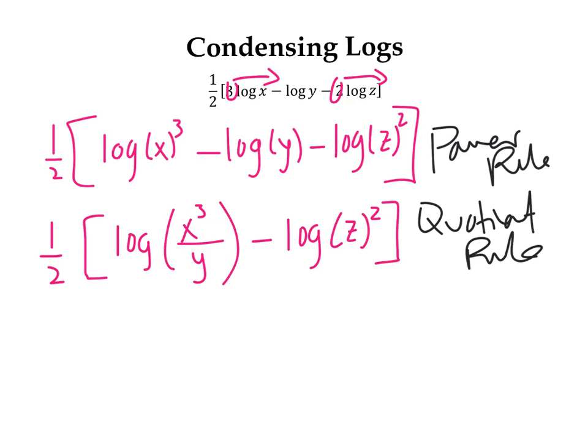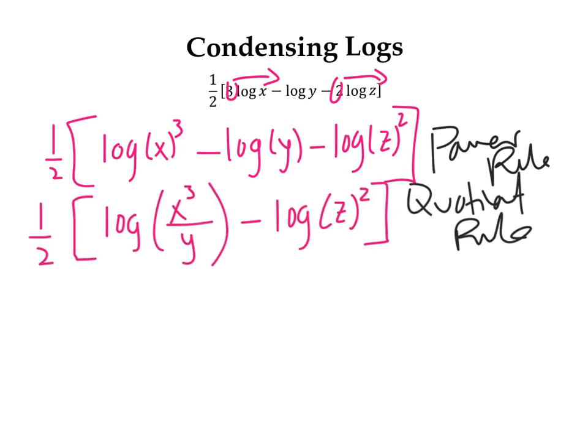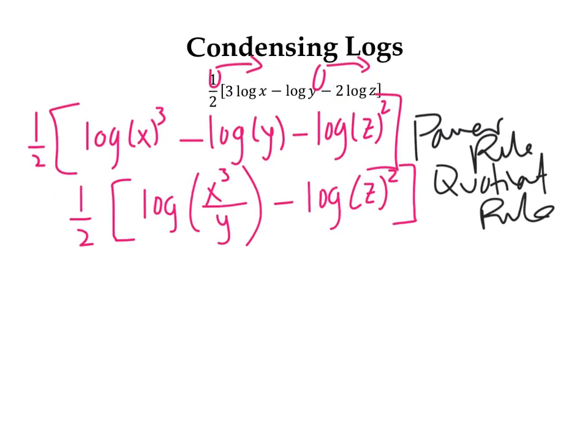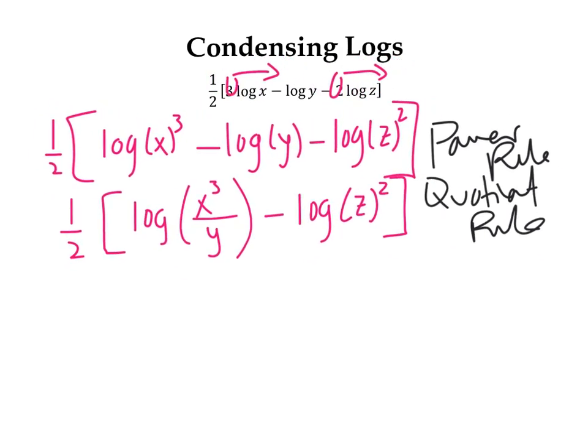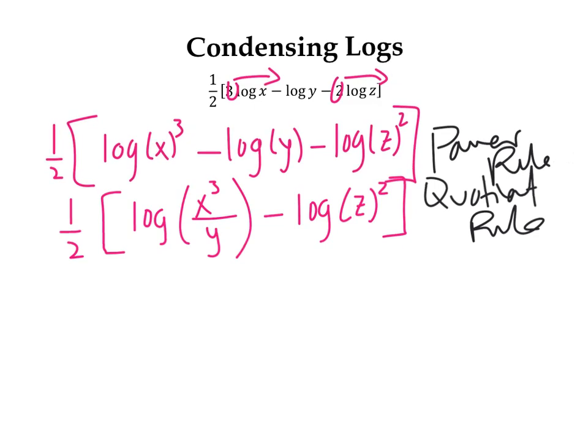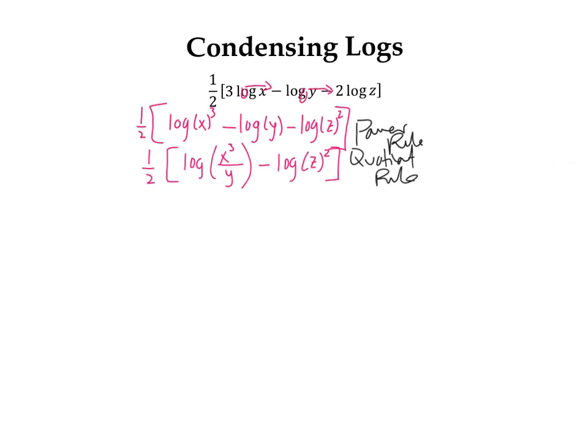Now I'm going to continue with the quotient rule again, because it's subtraction. I get to divide this divided by this. Now, if you remember back to dividing fractions, when you're dividing with a fraction, you want to be able to multiply by the reciprocal. All right, so let's make this a little smaller to make more space.